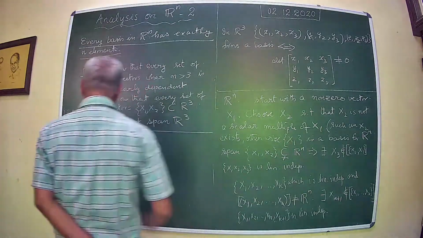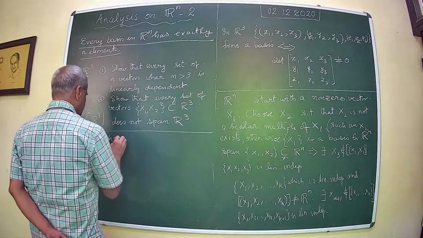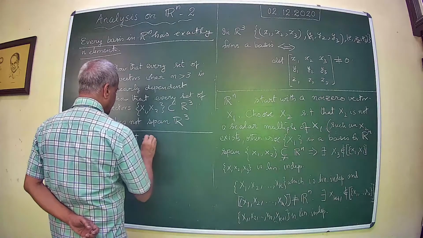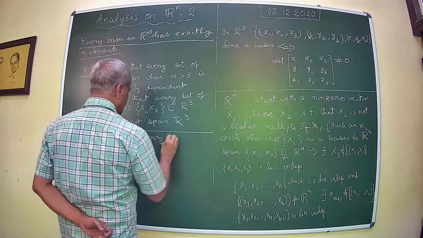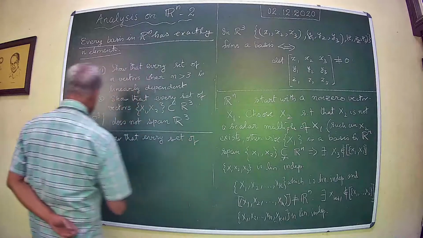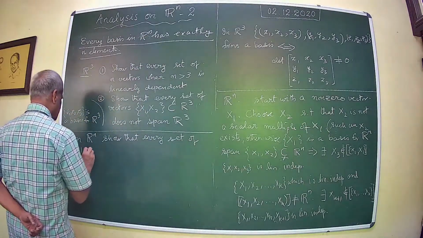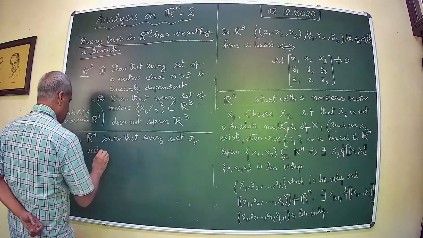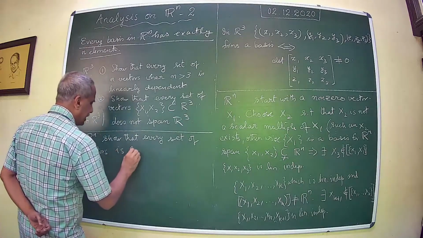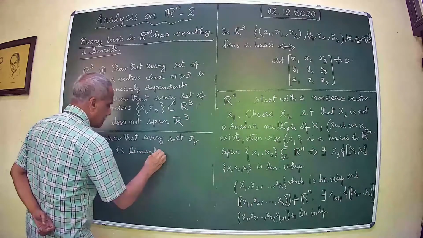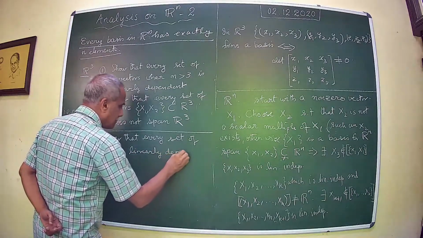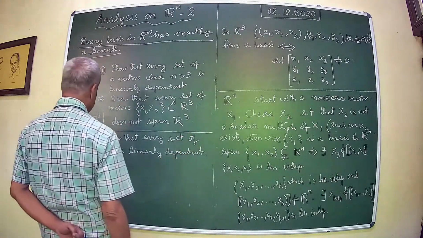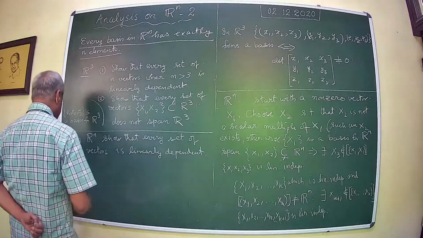In Rn, show that every set of n plus 1 vectors is linearly dependent. So that it's not a linearly independent set.